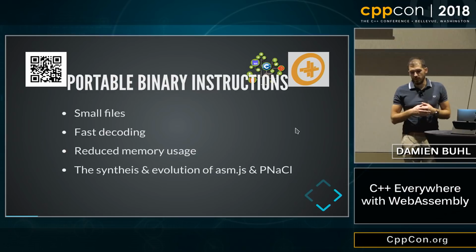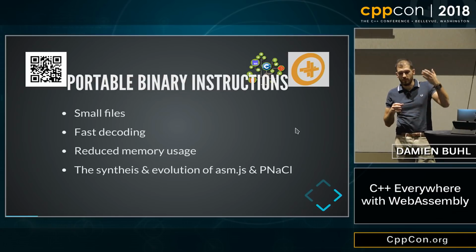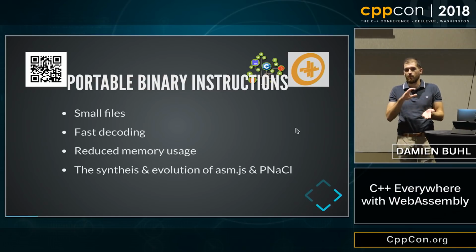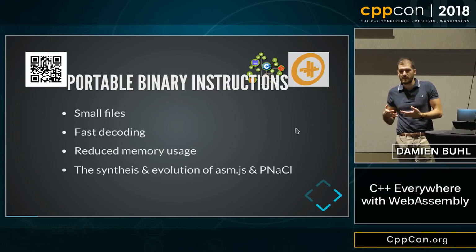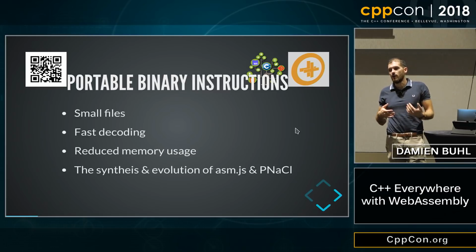And that's why I put VM in quotes, because once the file has been streamed to your PC and transformed into native instructions, the WebAssembly runtime isn't there anymore for you. You are running directly on your instruction set. The only moment where you need to come back to the WebAssembly runtime is to grow the memory or to access host binding functions.